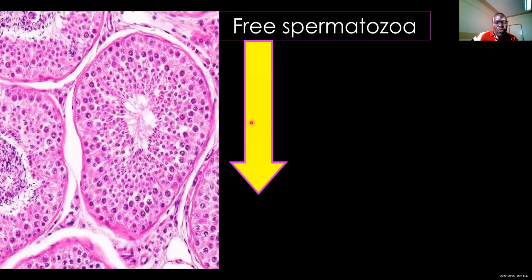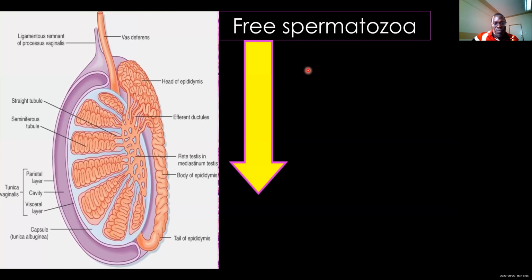Now, the free spermatozoa are now found within the lumen of the seminiferous tubules. What happens to them? These spermatozoa are then transported along the seminiferous tubule.